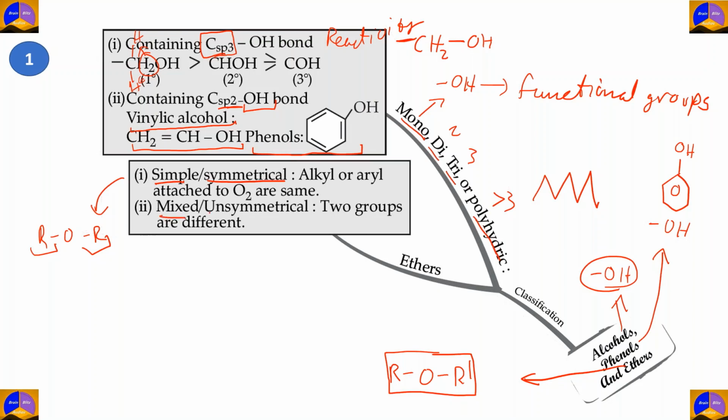However, for a mixed or unsymmetrical ether, it will be ROR', where R' is completely different from R. So in simple or symmetrical ethers, alkyl or aryl groups attached to O are the same. And for mixed and unsymmetrical, the two groups are different. So whether it's alkyl components or aryl components, ethers have only two types, that is simple and mixed.